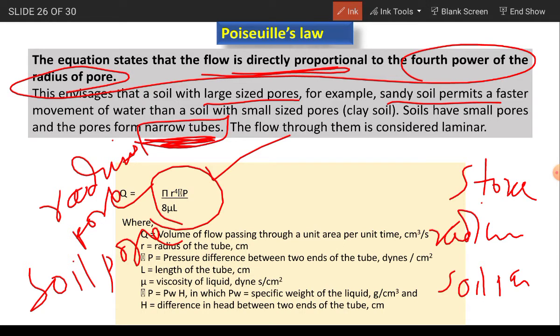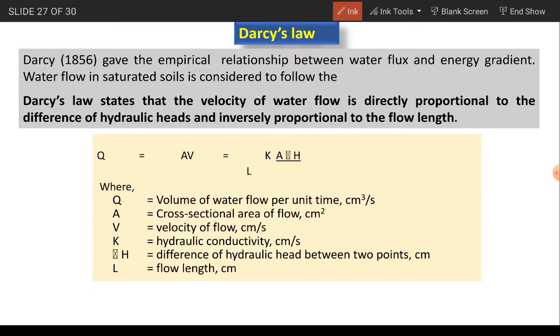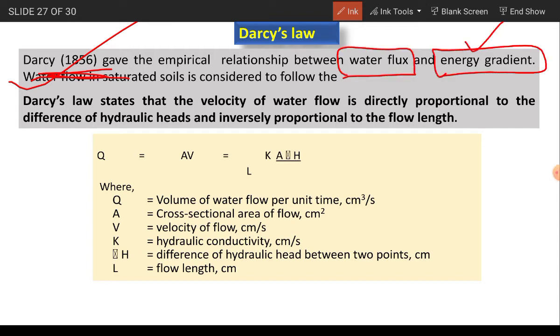Anyway, here is Darcy's law. In 1856, Darcy gave the Darcy law, which is the relationship between water flux and energy gradient. Darcy's law states that the velocity of water flow is directly proportional to the difference of hydraulic heads and inversely proportional to the flow length.